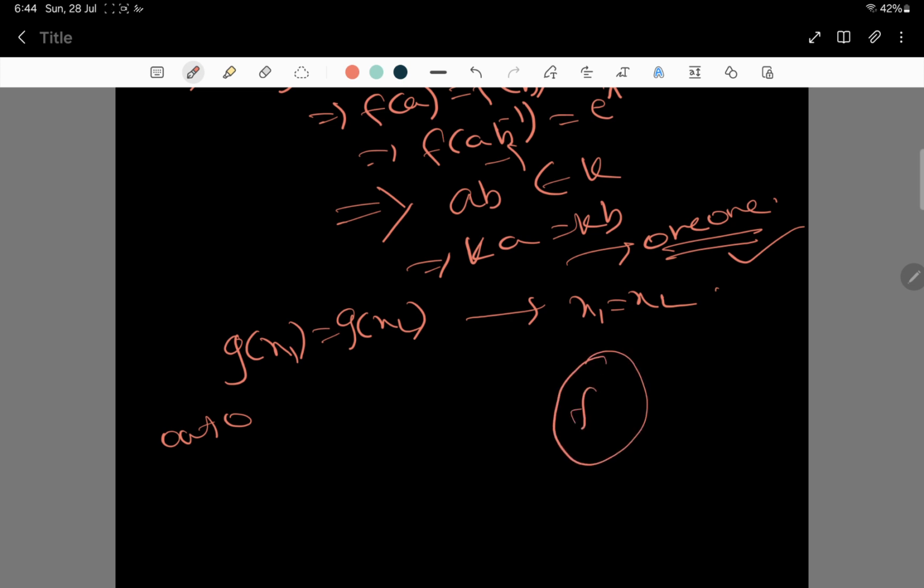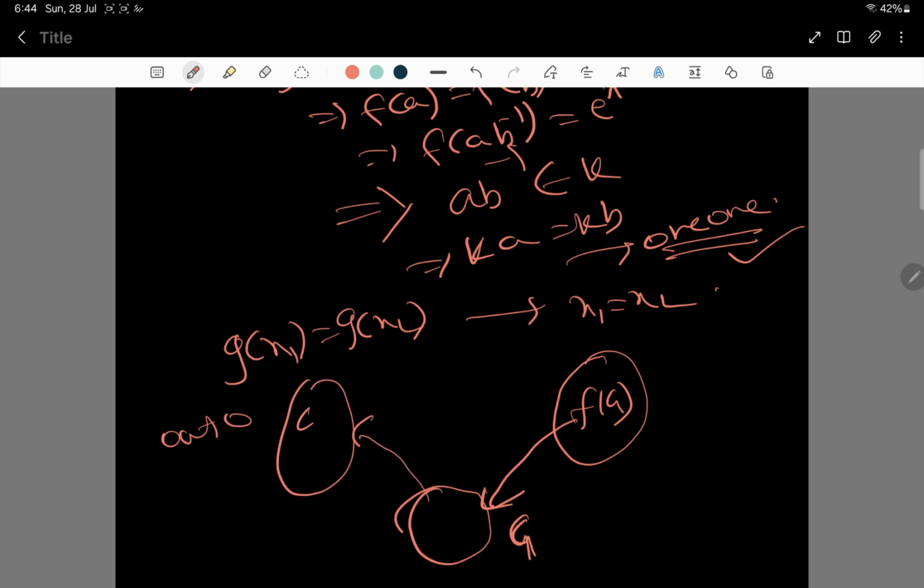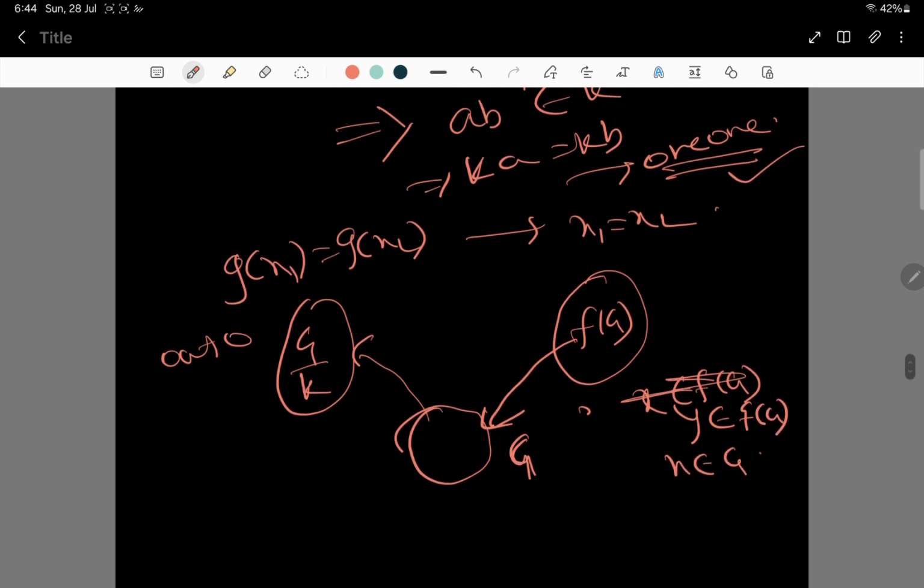And now we have to show that this is onto, right? So here we have f of G. For every element of f of G we have an element in G, and for every element in G we have a coset in the quotient group. So for every y belonging to f of G, we have x belonging to G, and for x belonging to G we have Kx here.